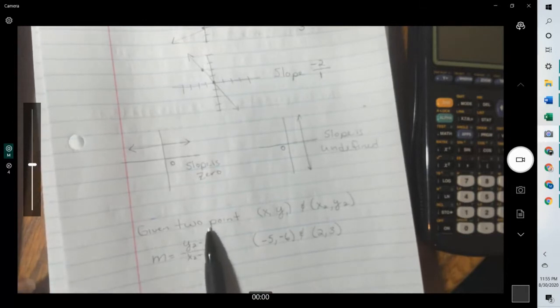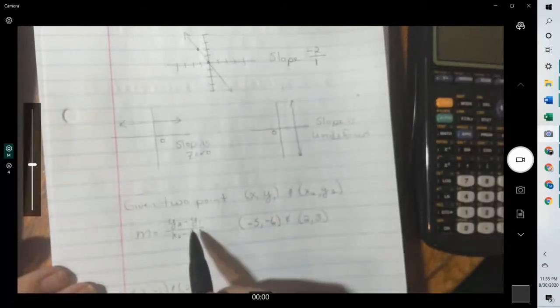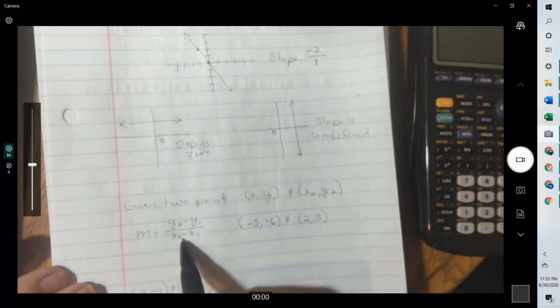Given 2 points, we can find the slope using this formula. Notice we're subtracting change in y over the change in x.